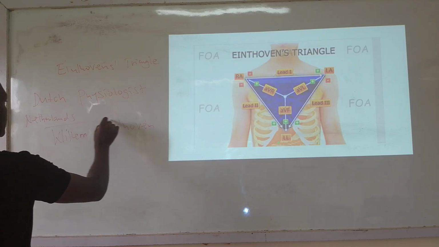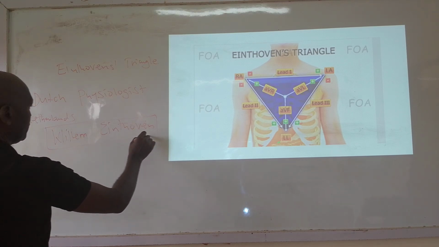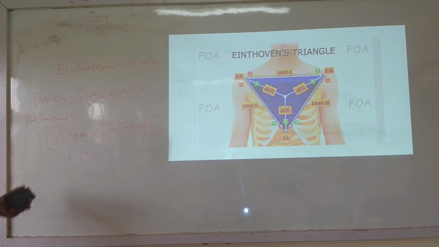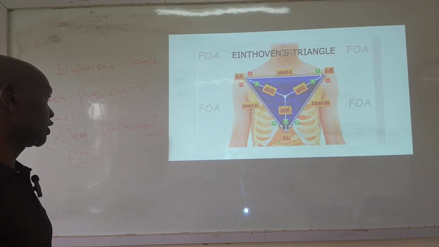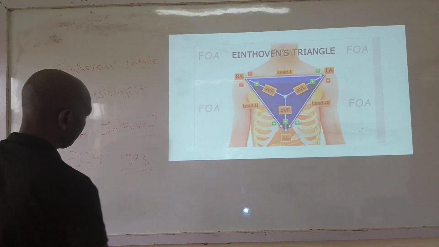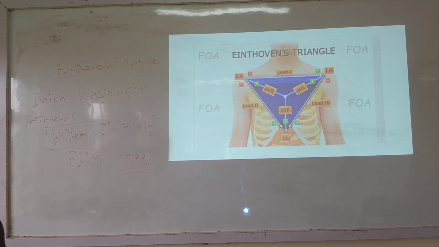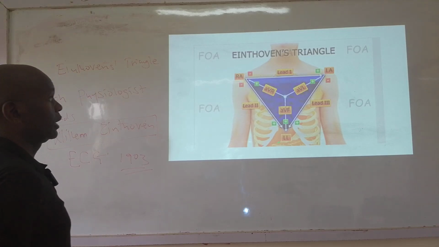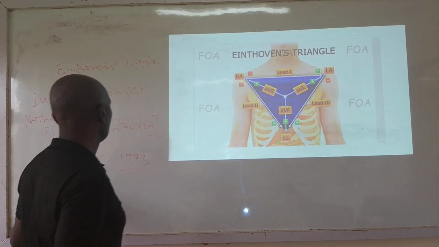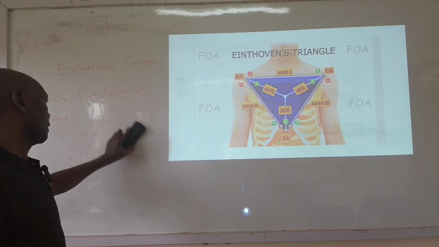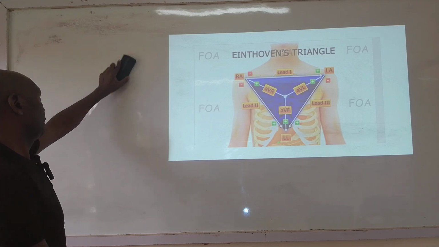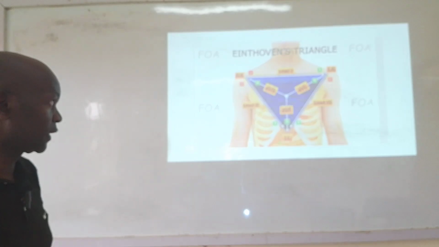This guy here is the father of ECG. He is the father of ECG. He is the guy who discovered the concept of ECG in the year 1903. That is why this triangle was named after him. So it's called Einthoven's triangle. He's a physiologist from Dutch, that is Netherlands. So he's the guy who discovered the issue of ECG.